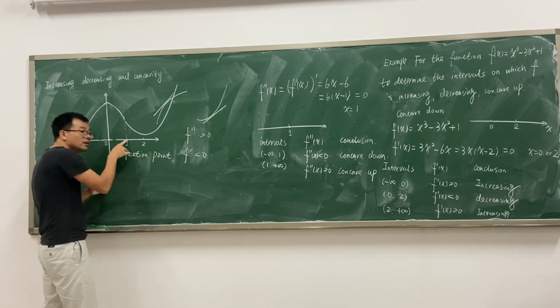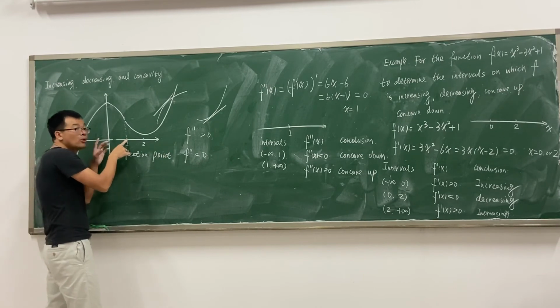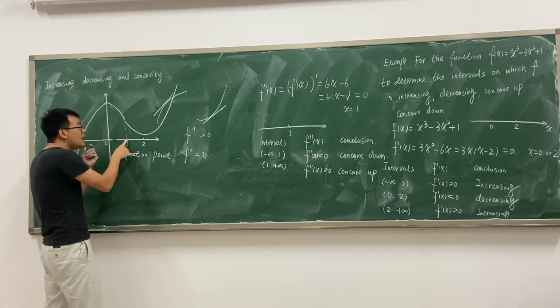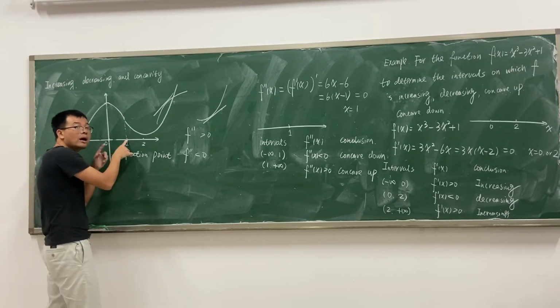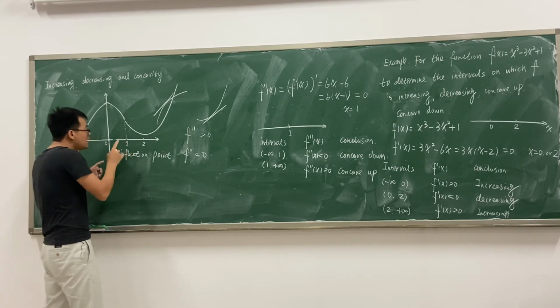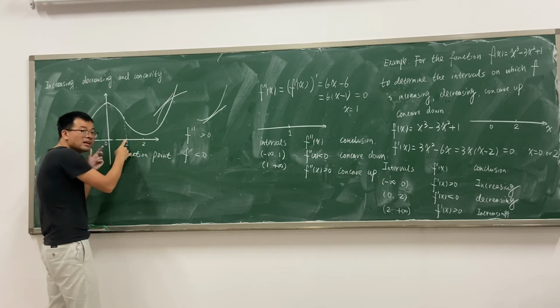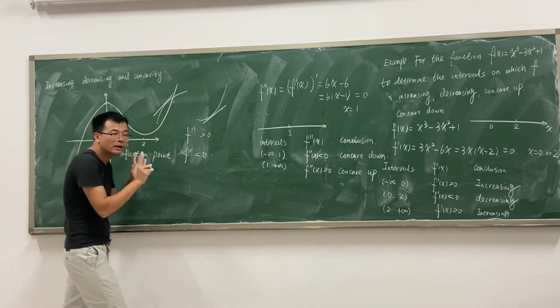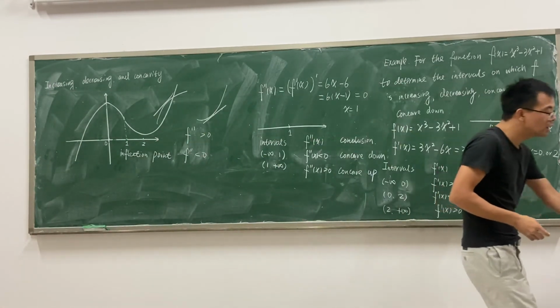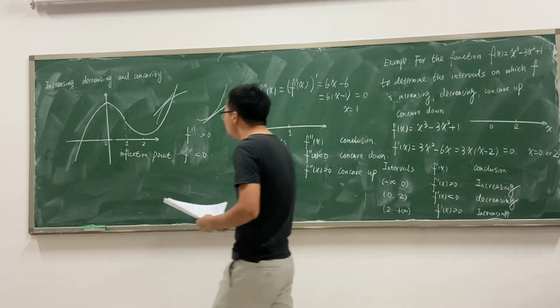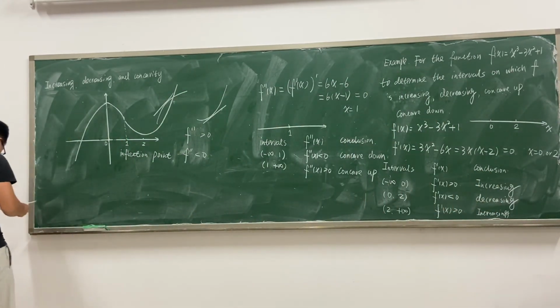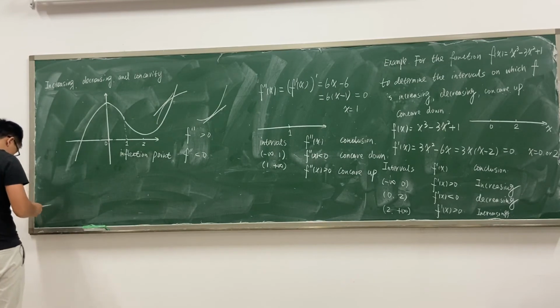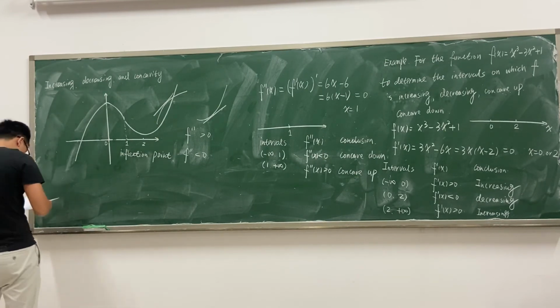On this point, the left is concave up, right is concave down, or the left is concave down, right is concave up. Means the concavity left and right of this point are different. So we have a definition of the inflection point.